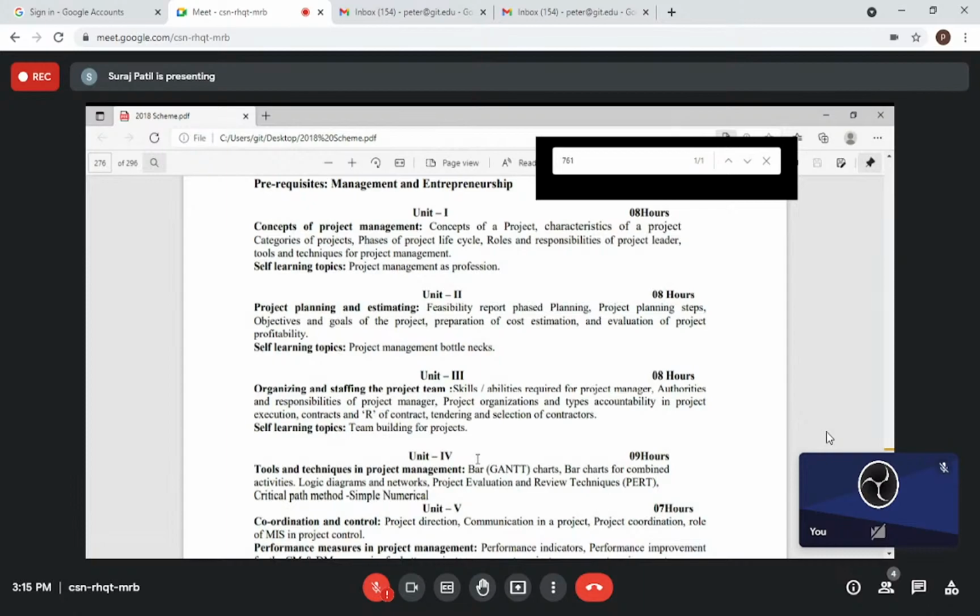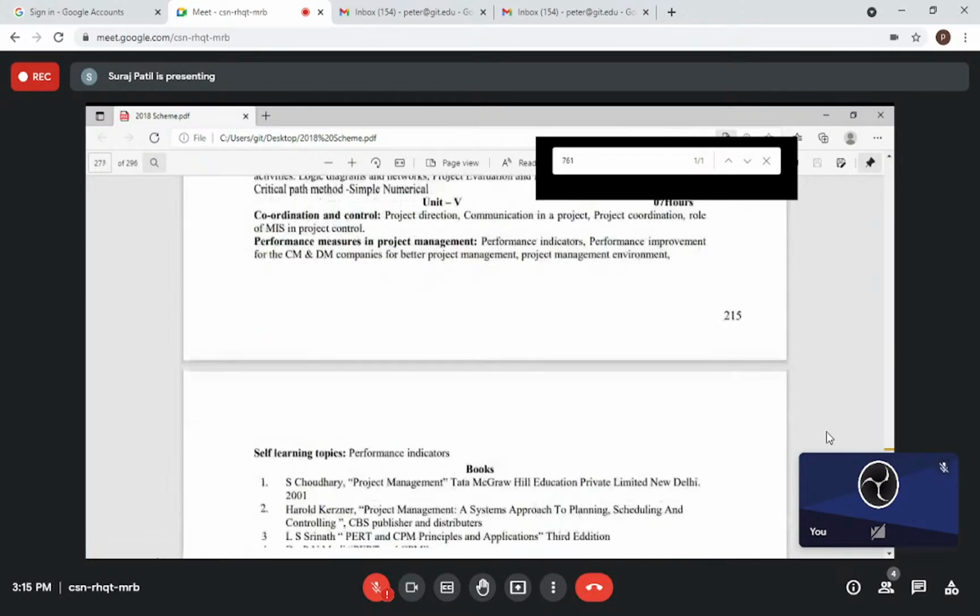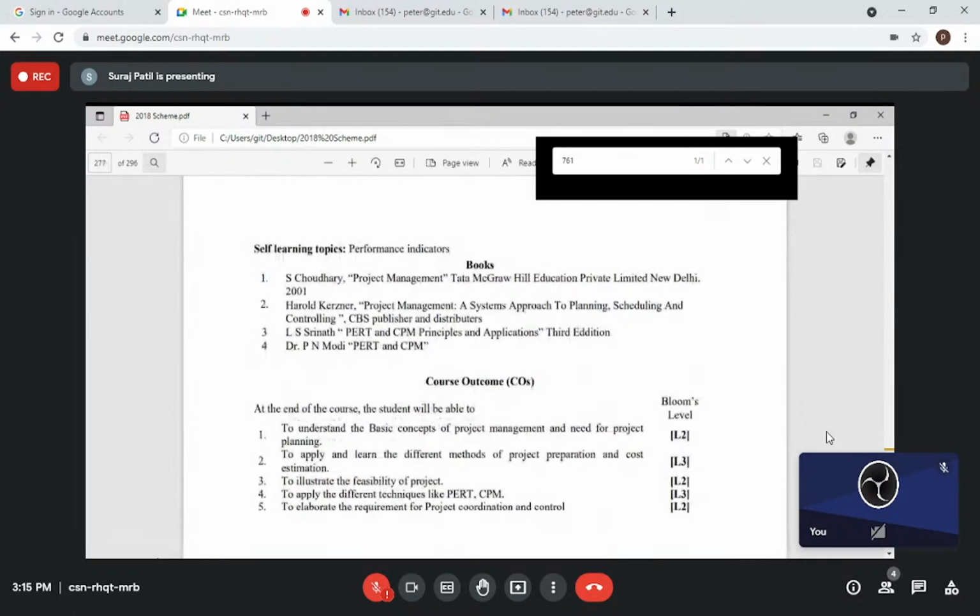The books I need to use: 3 different books we will be using. That is Project Management by S. Chowdhury, around 60% of the portion you can get in this book. And with Harold Koontz, you can go through the case studies of the different projects.